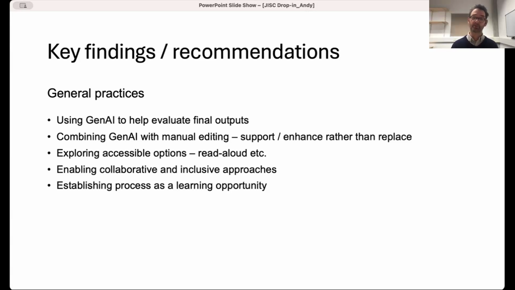Realizing what is going on when we are using these tools to create these summaries, and ensuring that users understand the processes involved, is a really important thing.